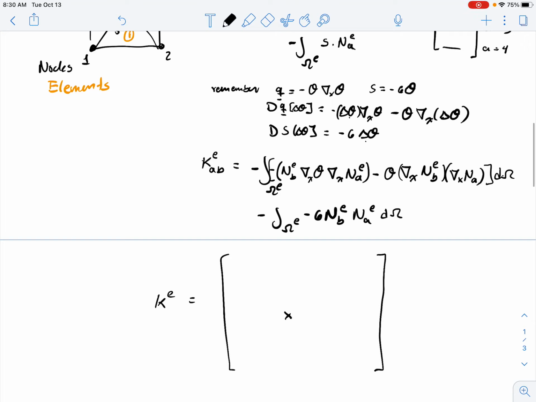So this one is a 4x4 matrix where the first row, the columns are B equals 1, B equals 2, B equals 3, B equals 4, and A equals 1, A equals 2, A equals 3, A equals 4.